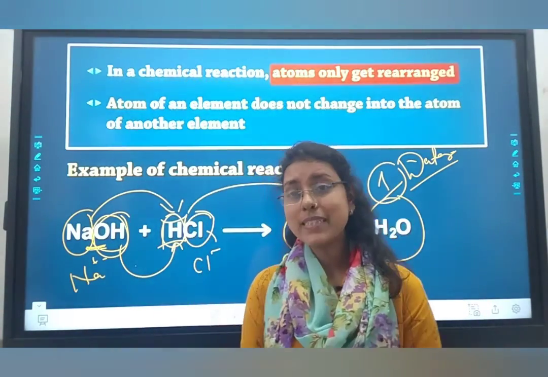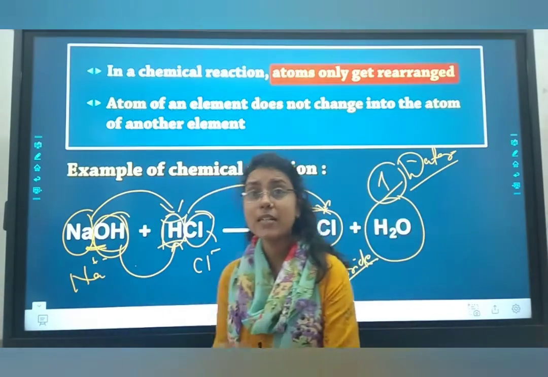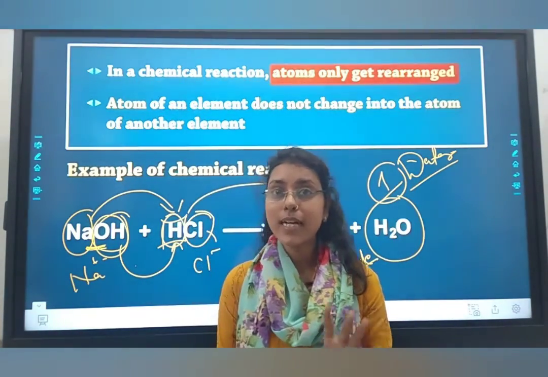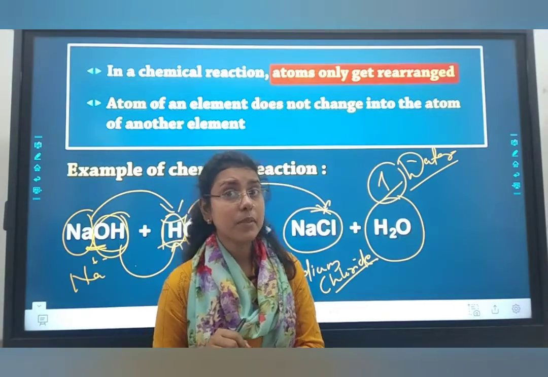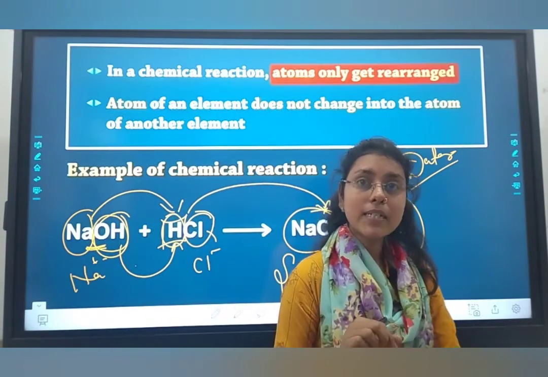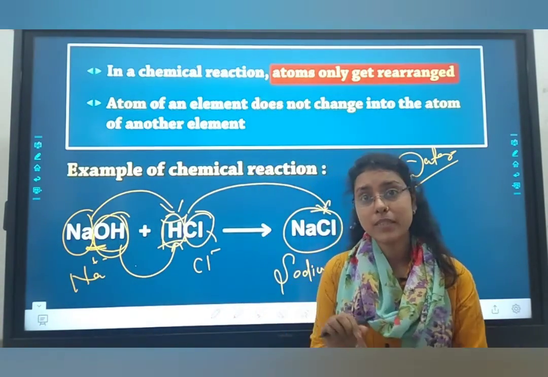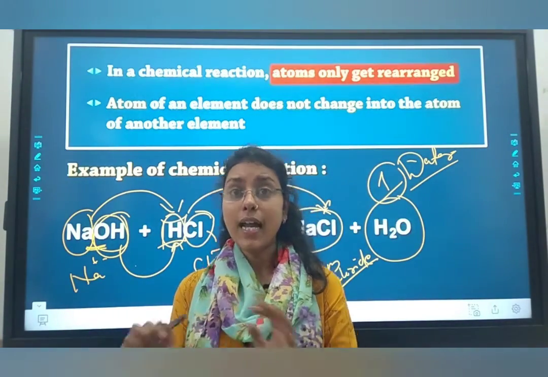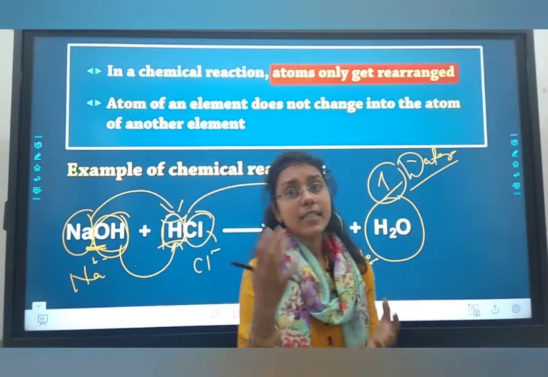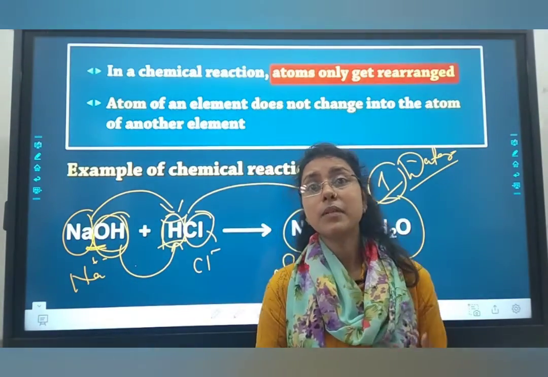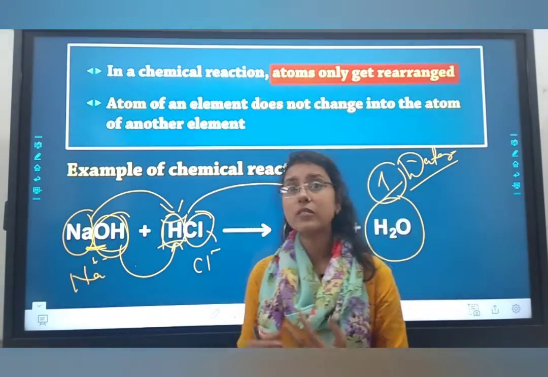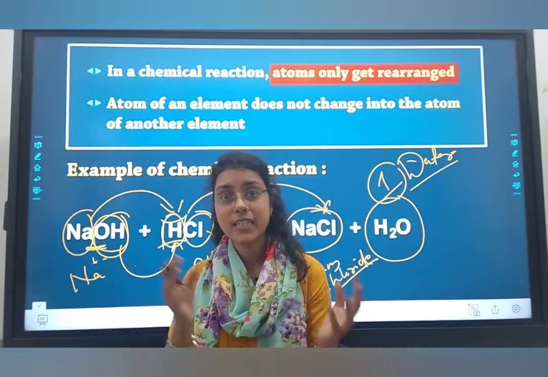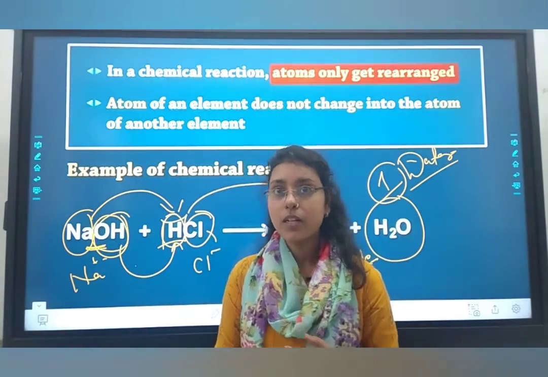So what is the basic gist of Dalton's atomic theory? We came to know that atoms are indivisible particles and that atoms of similar elements have the same atomic size, mass and chemical and physical properties. Also, atoms never convert into another type of atom by losing their electrons or protons.